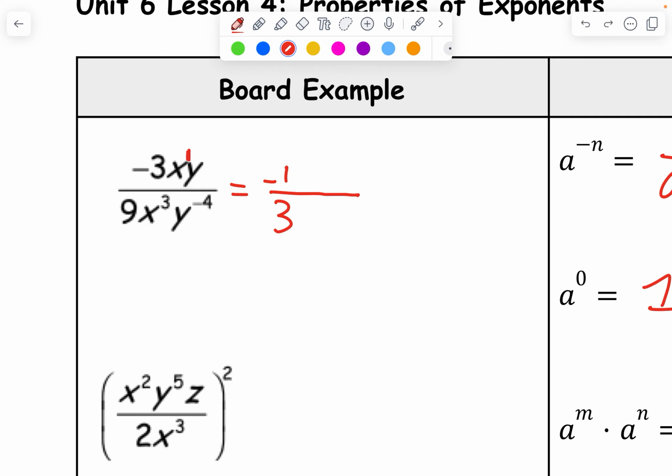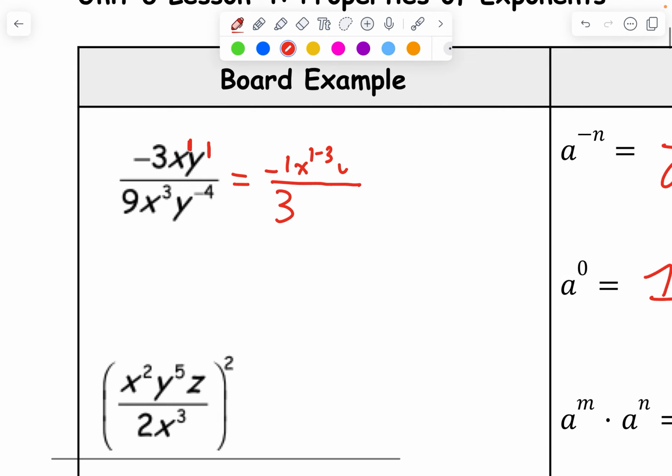Reminder, if you divide two terms with the same base, different exponents, you subtract their exponents from top to bottom. So that's x to the 1 minus 3. And then same thing here. We have y to the first divided by y to the -4th, so it's y to the 1 minus -4. When you divide same bases, you subtract those exponents.